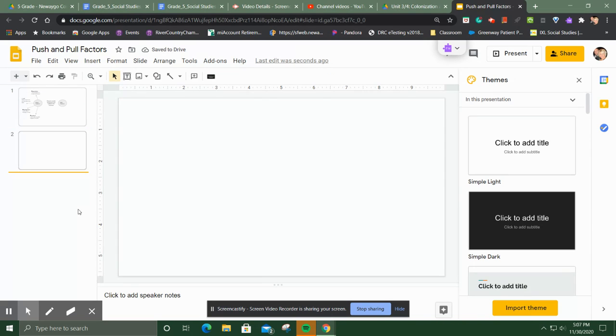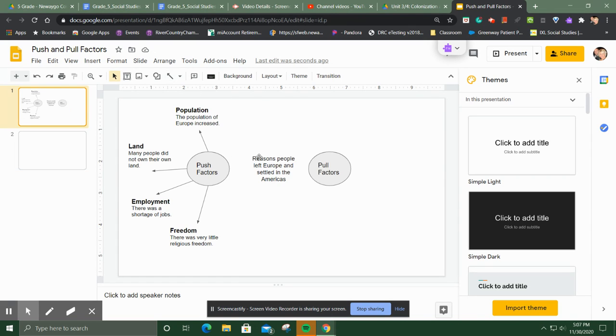And there we go. Now we're going to make an arrow from the middle to push factors to connect, again, our thoughts.